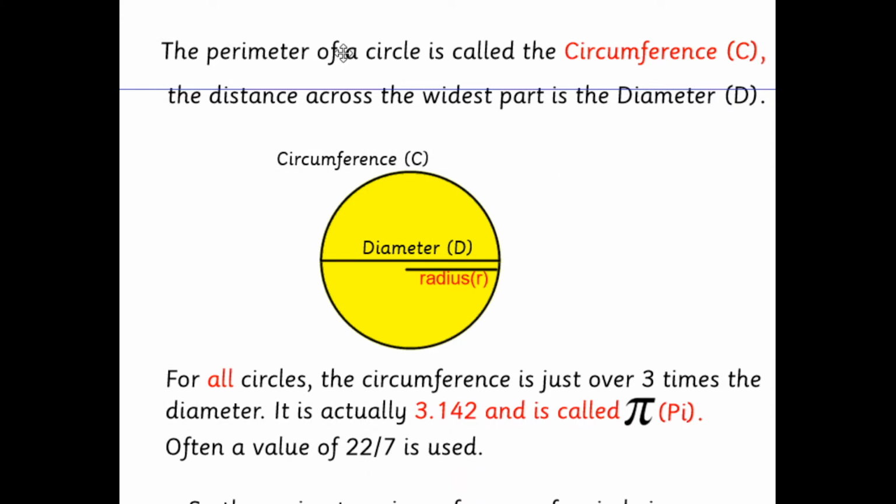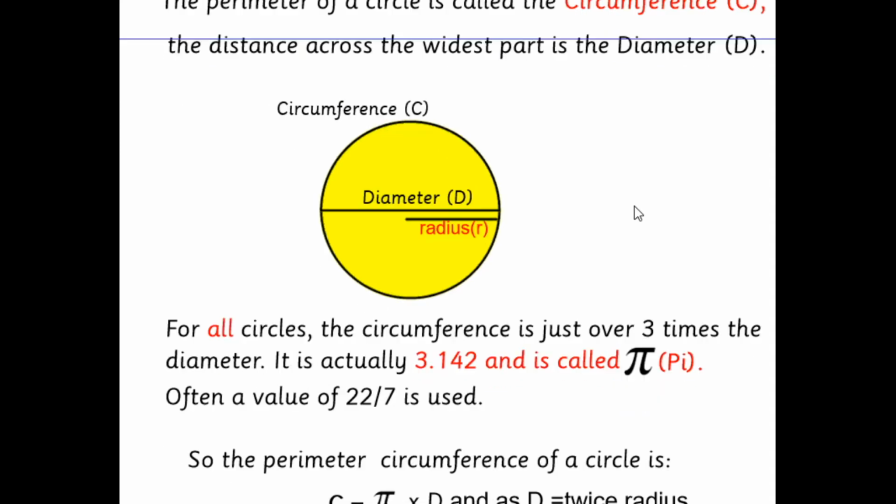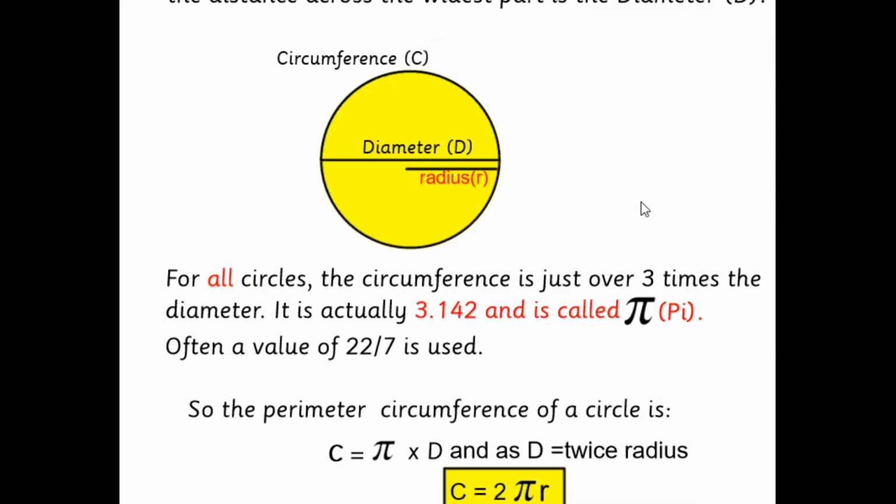For a circle, the perimeter is called the circumference, C. The distance across the widest part is called the diameter, D, and the distance from the centre to the outside is called the radius, R. Now, for all circles, the circumference is just over 3 times the diameter. You could check this yourself.